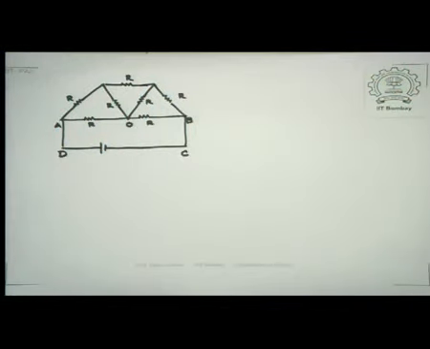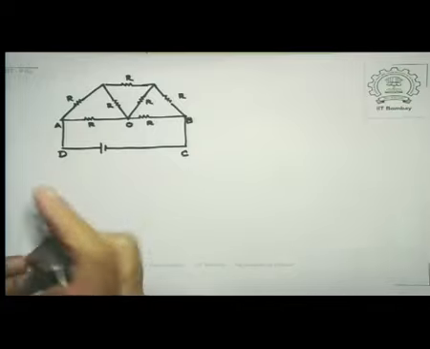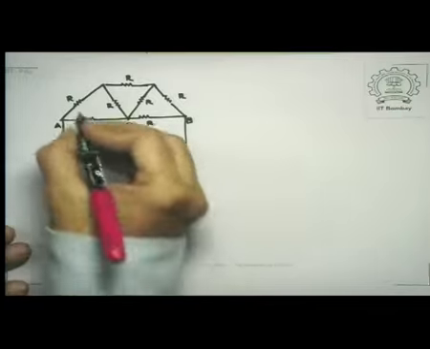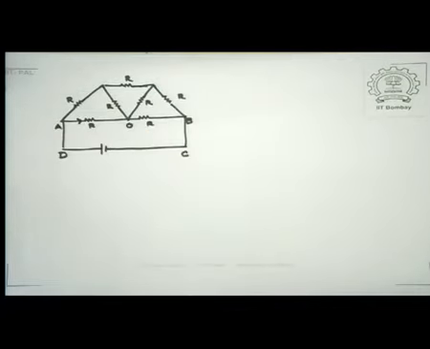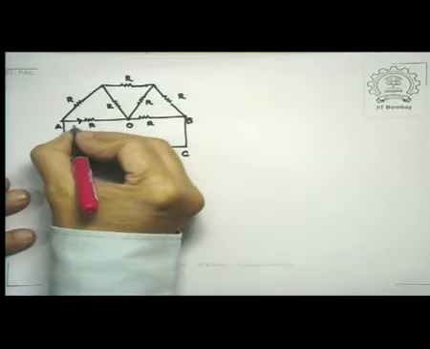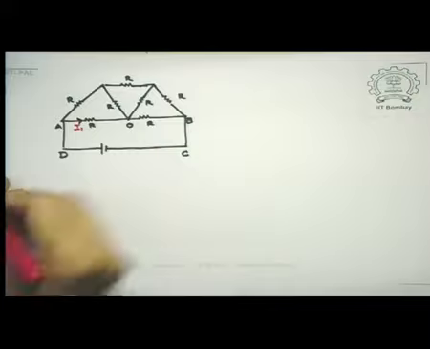As another example, let me look at this circuit, and once again I'll be using the symmetry of the problem to my advantage. So let us suppose this is I1 and this is I2.